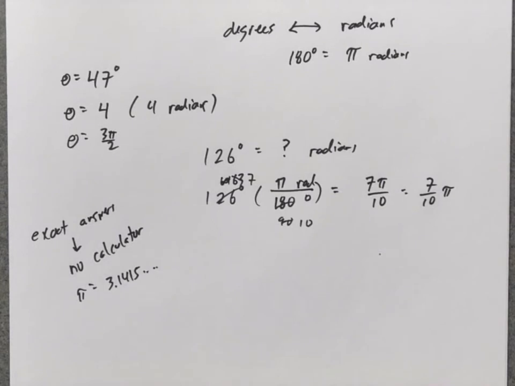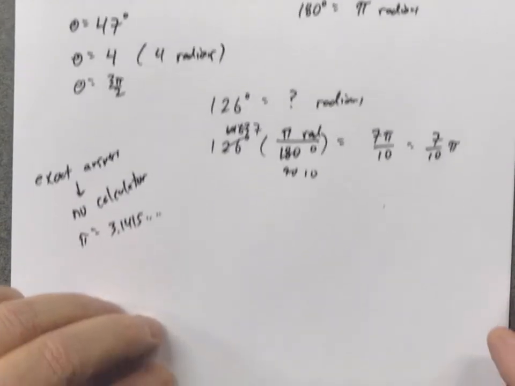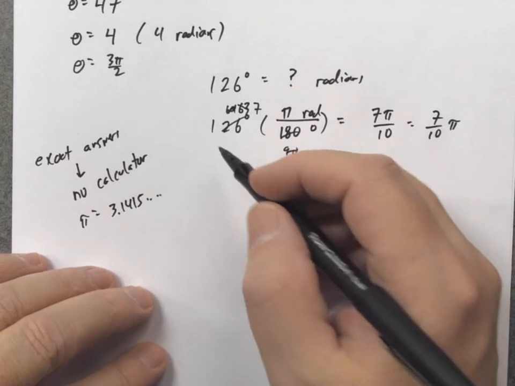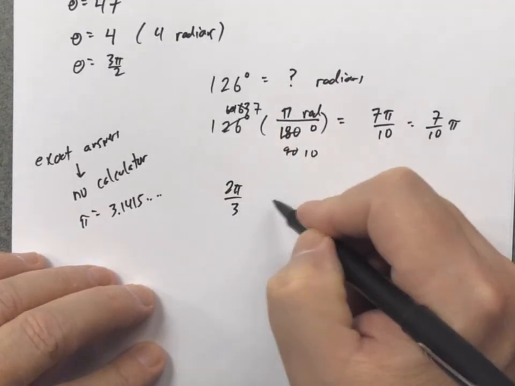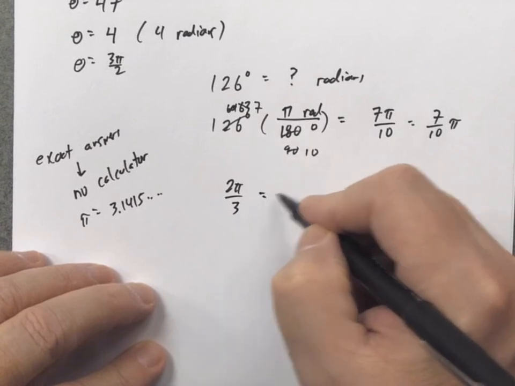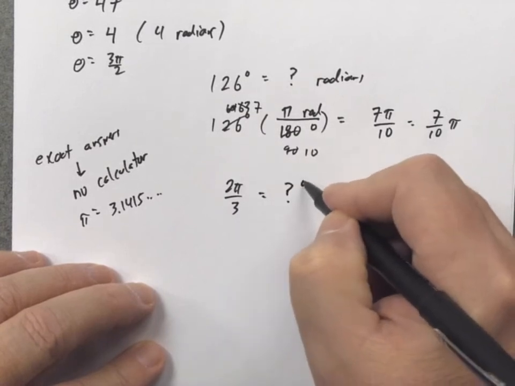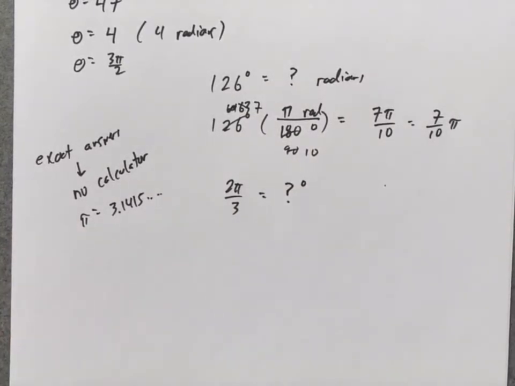All right, not too bad. Now let's go the other way. How about if we were asked, here's an angle in radians, and we want to convert it to degrees. Well, the nice thing is the method's the same as what we just did.